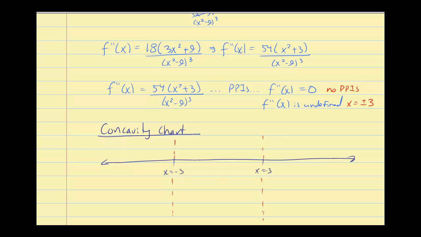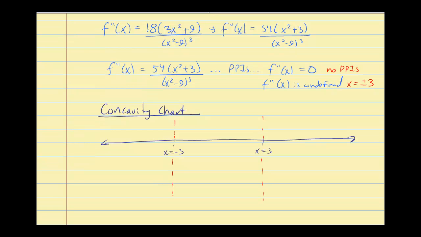Now because I plugged in these vertical asymptotes, I already know that negative 3 and positive 3 cannot be a point of inflection. They can be a line of inflection if they're anything at all. Now to figure out what's going on, I plug in numbers on these intervals into my second derivative. Now the second derivative has some neat characteristics just like the first one did.